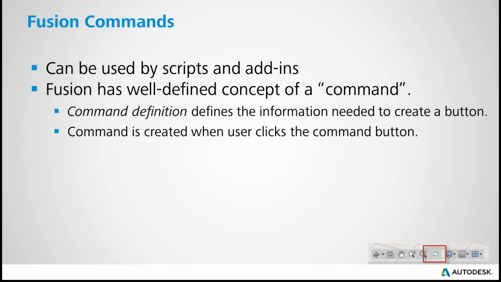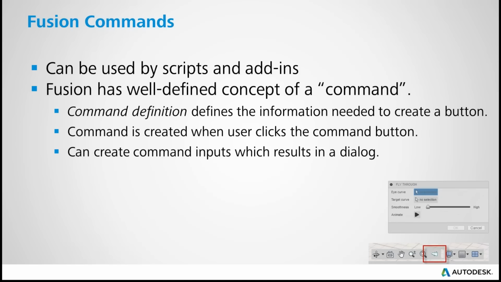So far the user hasn't really seen anything. He's clicked on a button and nothing's happened, but you have this command, and then on that command object you can create command inputs. In this example to the right, there are 4 command inputs. The first 2 are a selection input, the third one is a slider, and the fourth one's a button.